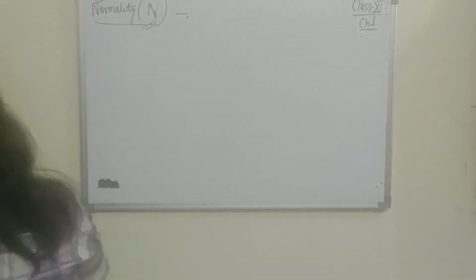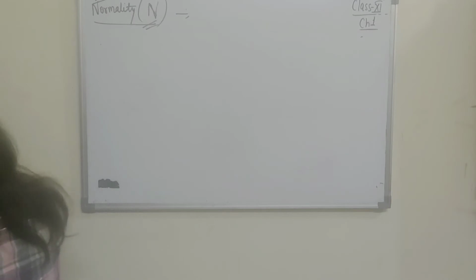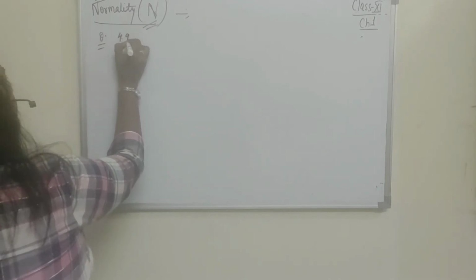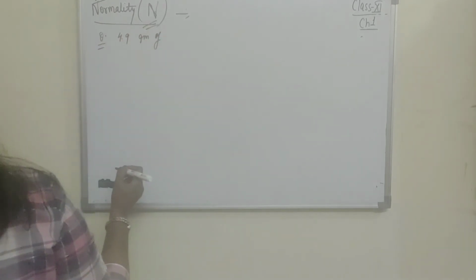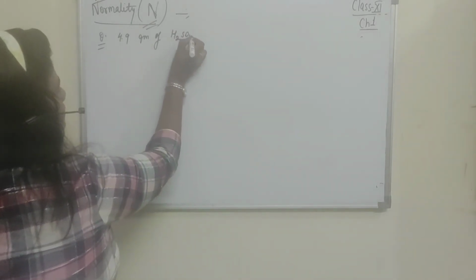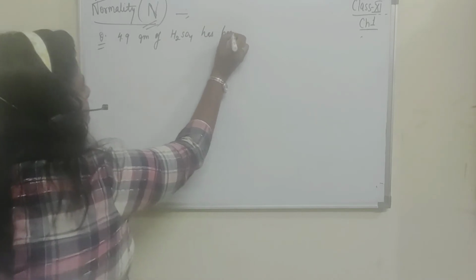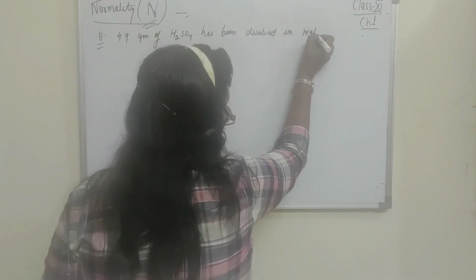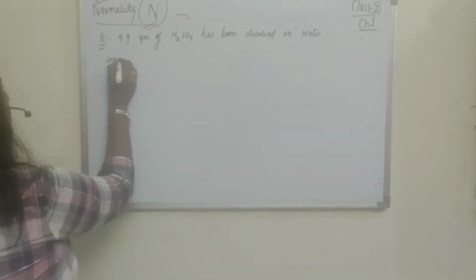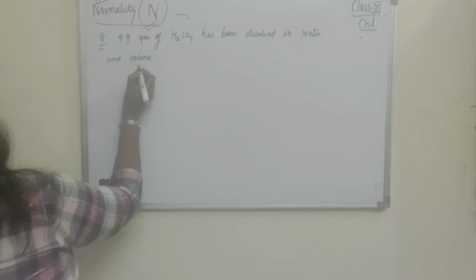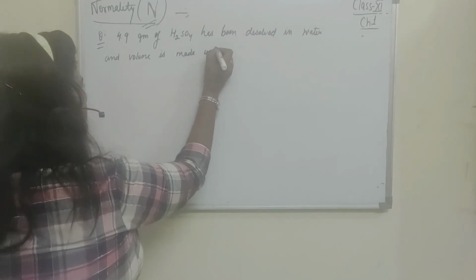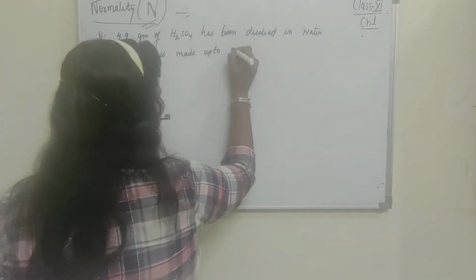Question is, 4.9 gram of H2SO4, sulfuric acid, has been dissolved in water and the volume is made up to 5 liters.